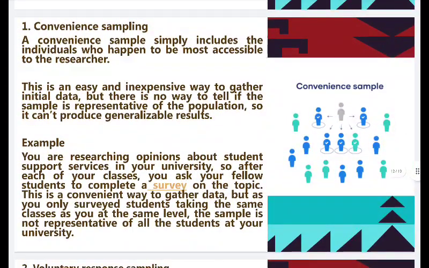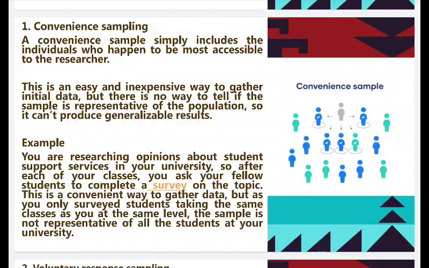First, we move on to convenience sampling. From the word itself, convenience sampling simply includes the individuals who happen to be most accessible to the researcher. Kung ano yung convenient, okay? This is an easy and inexpensive way to gather initial data, but there is no way to tell if the sample is representative of the population, so it can produce generalized results, okay? Example, you are researching opinions about student support services in your university.